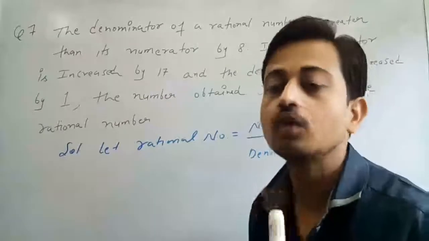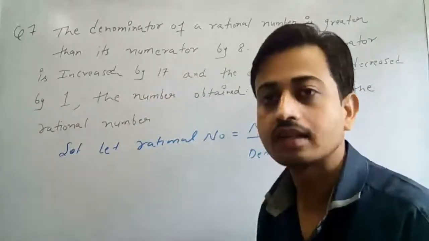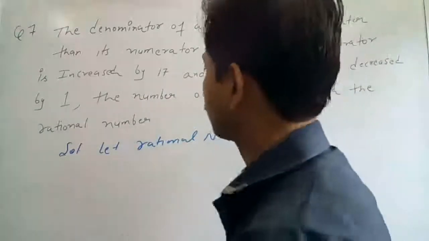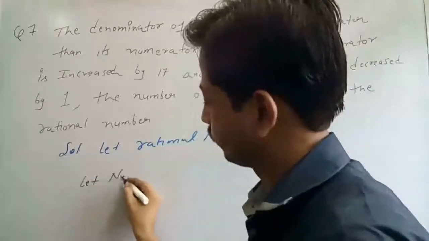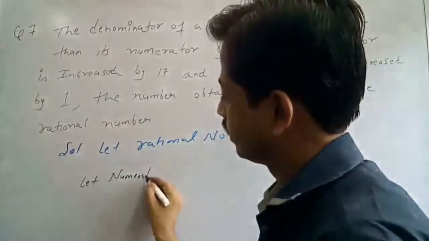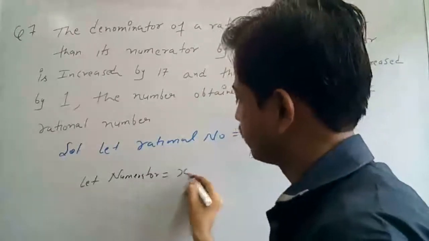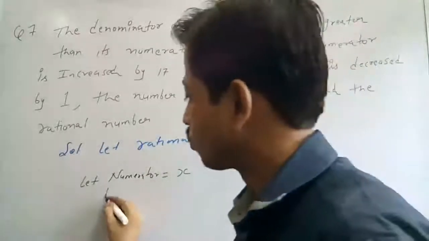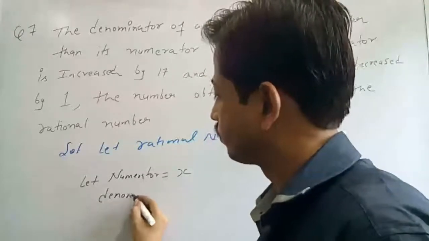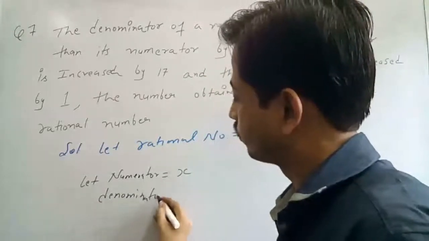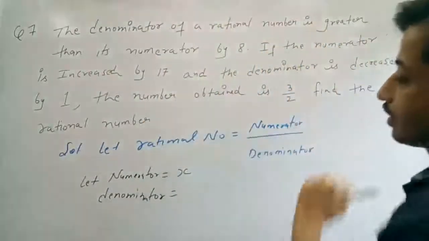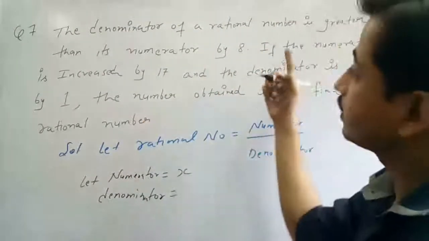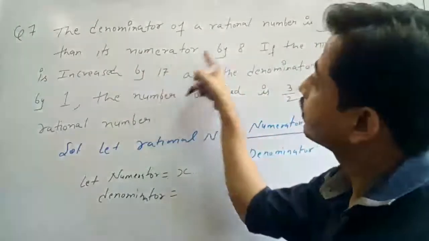So we have to assume our numerator is x. So I am taking, let numerator be x. Then what is the denominator? Because the denominator is greater than the numerator by 8.